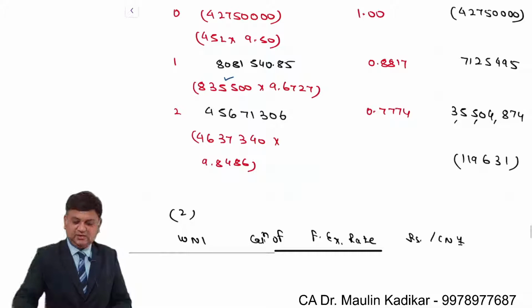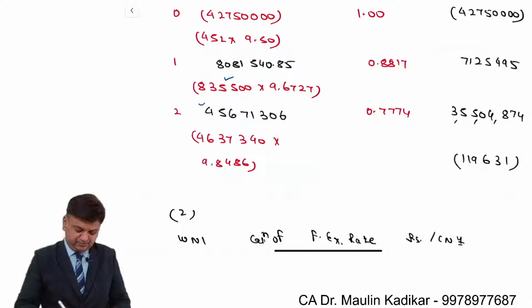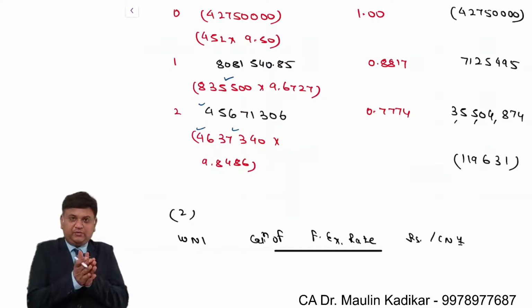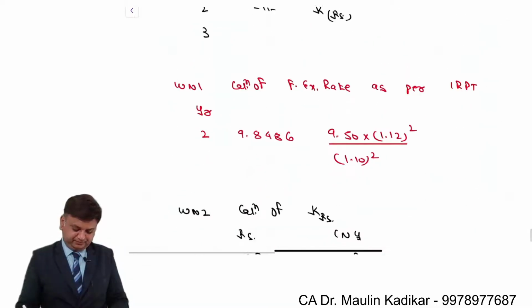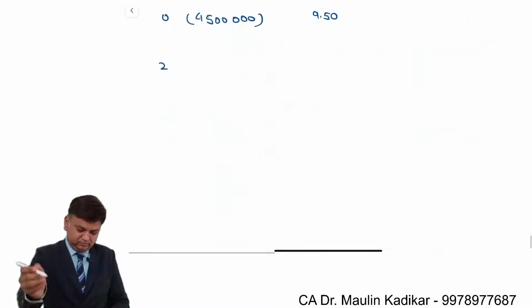Second year it is 835,500 plus 46 lakhs 37,340, because total of both of them will be repatriated.